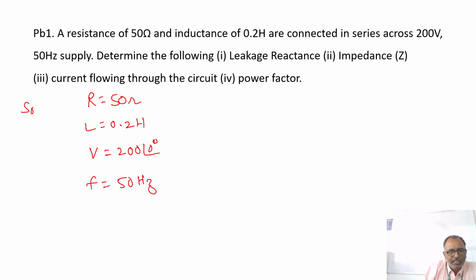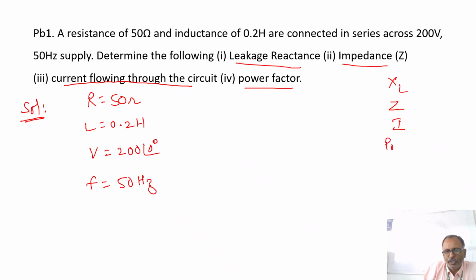So this is the data that they had given. With the help of this data, we need to find out the values of leakage reactance, that is XL, impedance Z, current flowing through the circuit, that is I, and power factor.